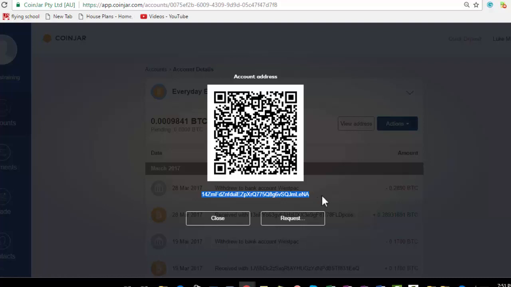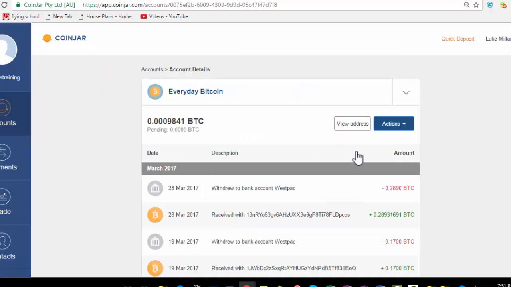The flip side is if you want to send some money, somebody would give you their Bitcoin wallet address, and you can come in here, go to actions, send money, make payment, and send the Bitcoins to the address that they give you. The address is basically a long series of numbers, and that's how you move money around with Bitcoin. That's what keeps it simple and also private.